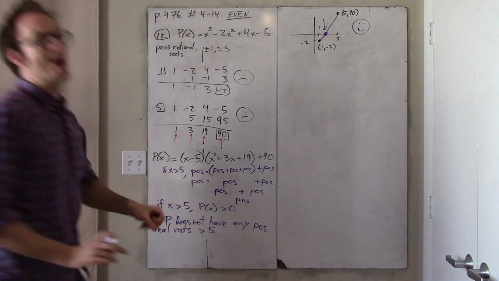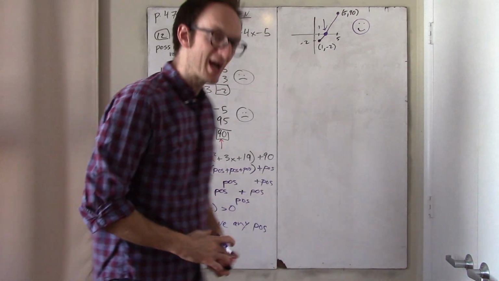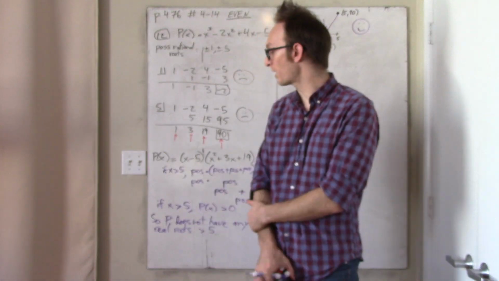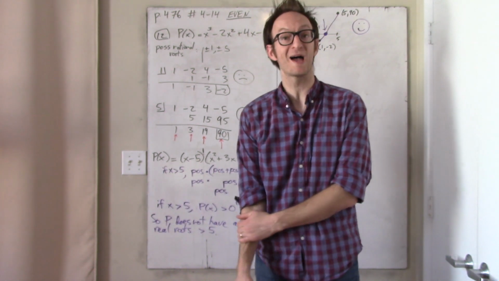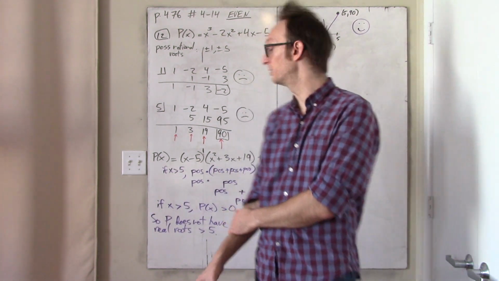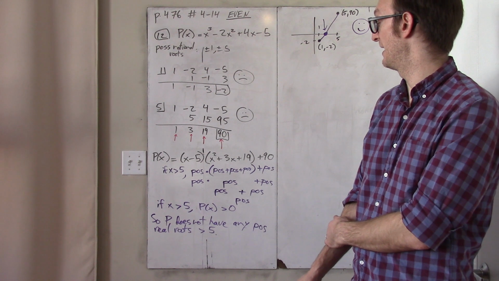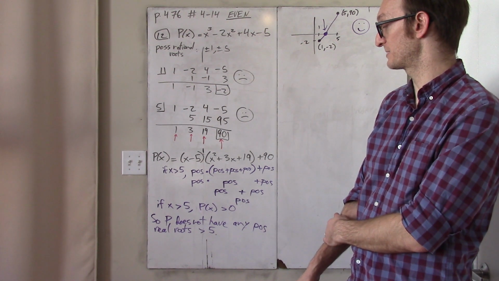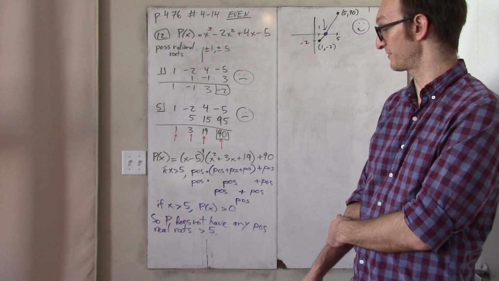The power of the upper bound theorem is that I should definitely not check any more numbers bigger than 5 to see if they're roots of this polynomial, because after x equals 5, this function is positive and just getting more positive.